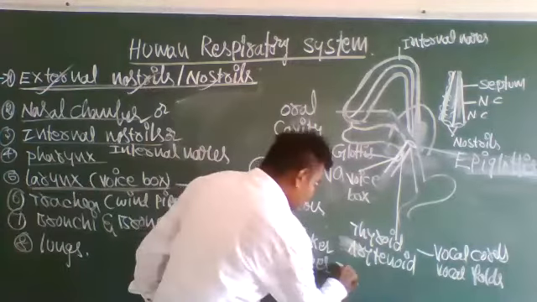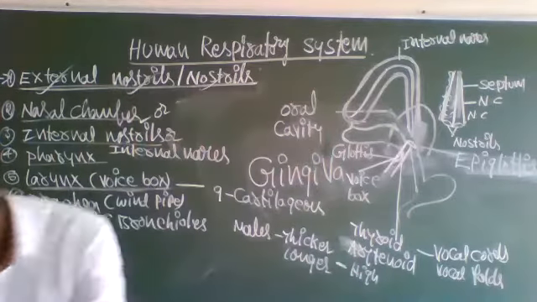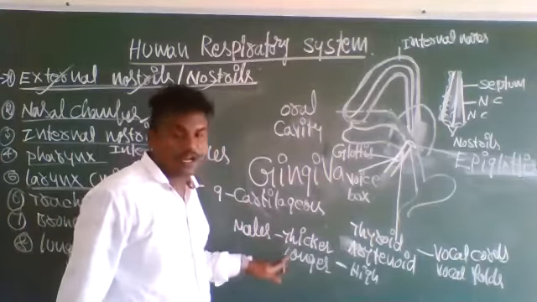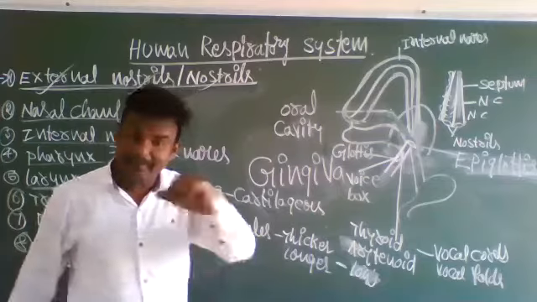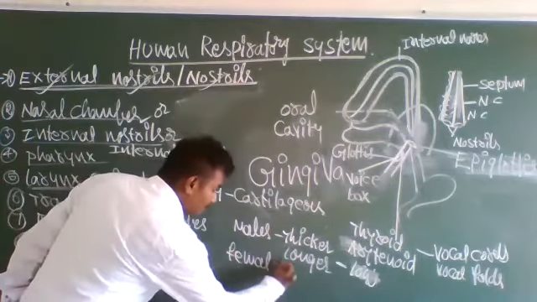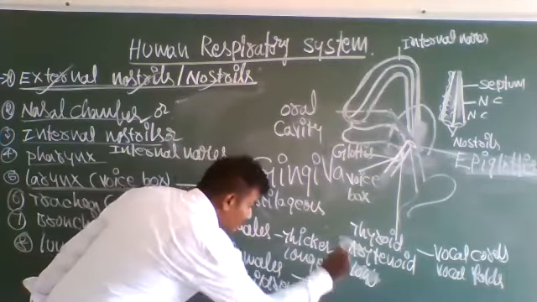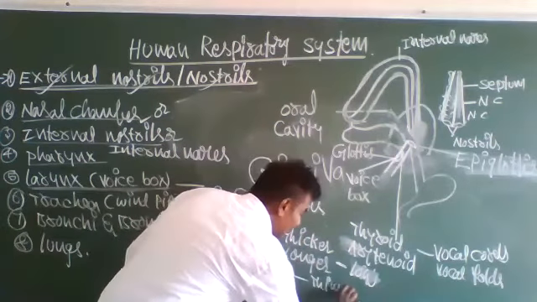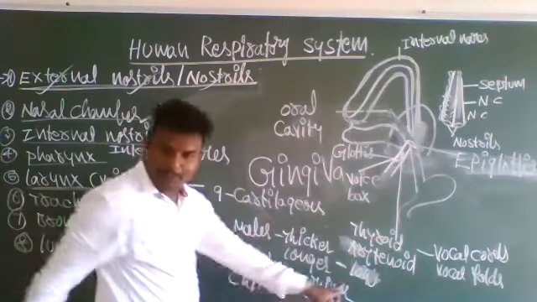In males, vocal cords are thicker and longer, and produce low pitch voice. Whereas in females and children, the vocal cords are the opposite: thinner and shorter, and they produce high pitch voice.